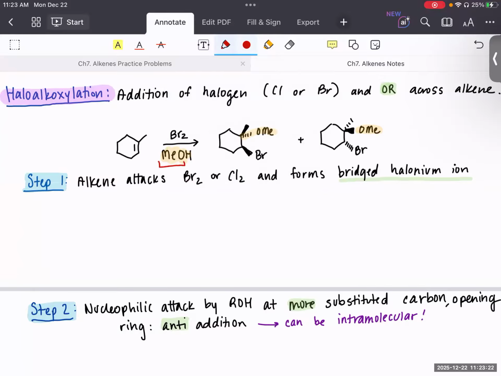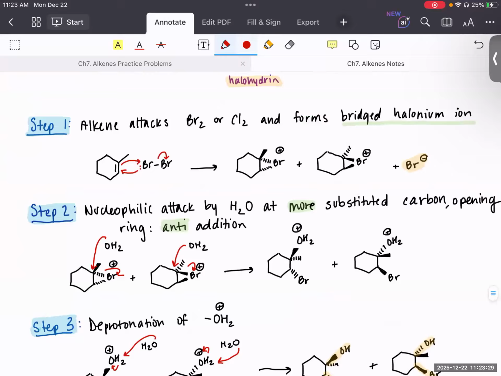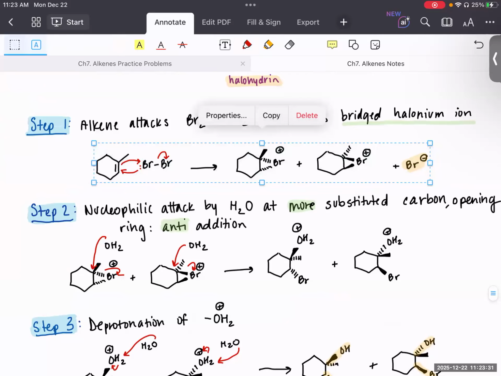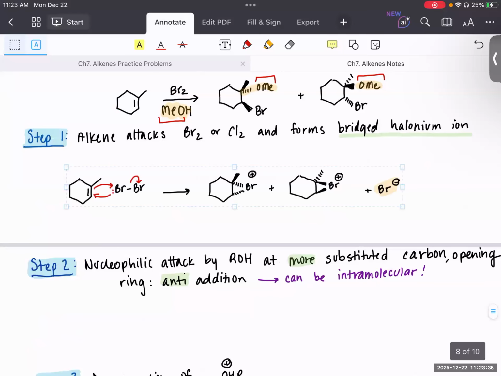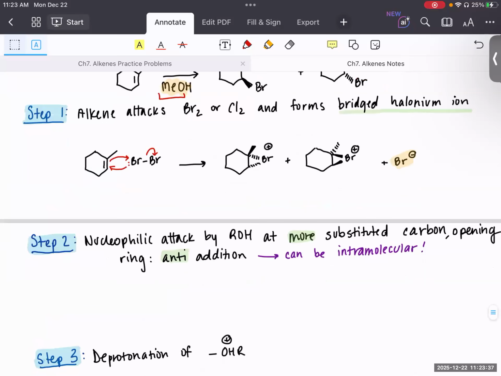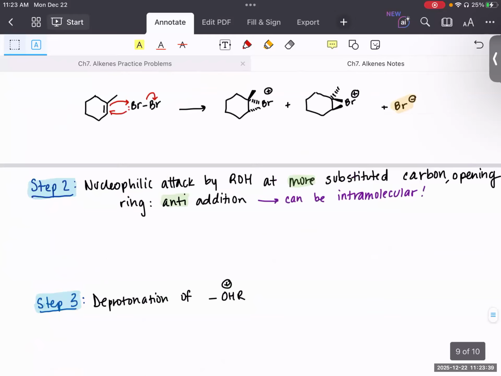Now, I'll underline it here to show where it's coming from. And very similar to this other one, it's going to be basically the exact same. So similar to this one, I'm going to just copy over this mechanism for step one here. Not going to change anything at that. However, in the second step, we're going to have the methanol attack instead of the water.